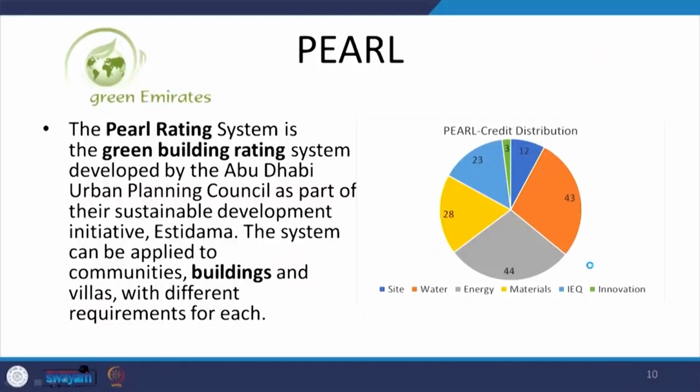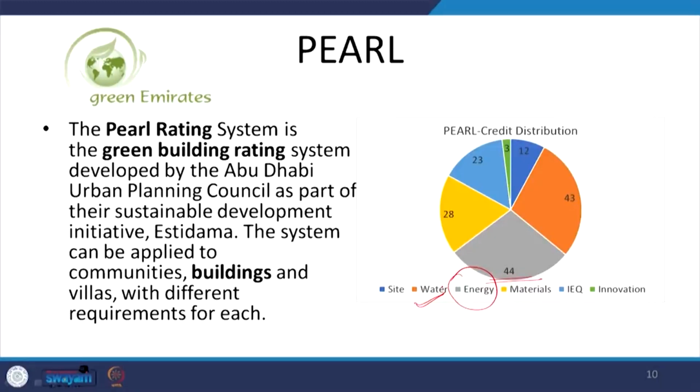The Pearl rating program is for Dubai and Abu Dhabi, and it was developed by the Abu Dhabi Urban Planning Council as part of their Sustainable Development Initiative. Here energy is even higher, closing in on around 50%, 44% precisely, and water too, which makes a lot of sense because Abu Dhabi and the Middle East is a very dry region.